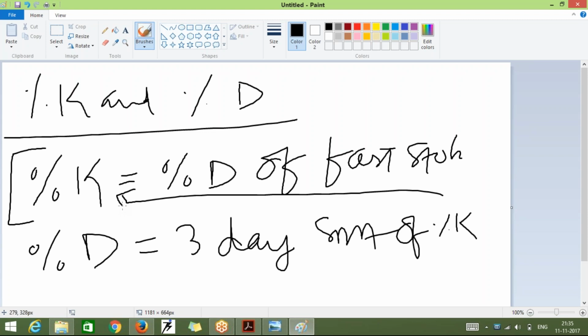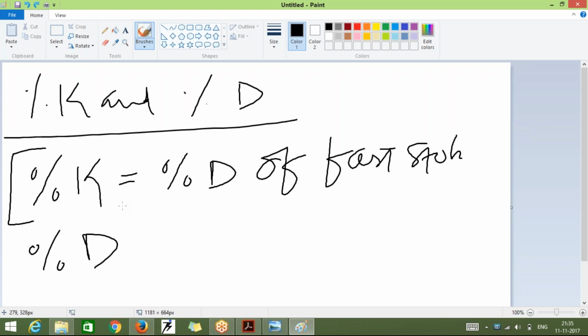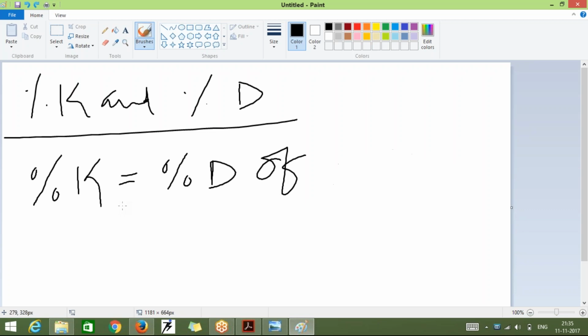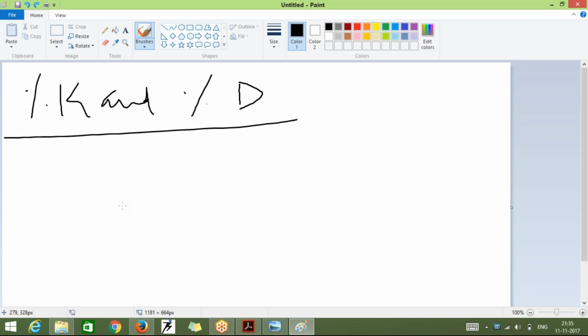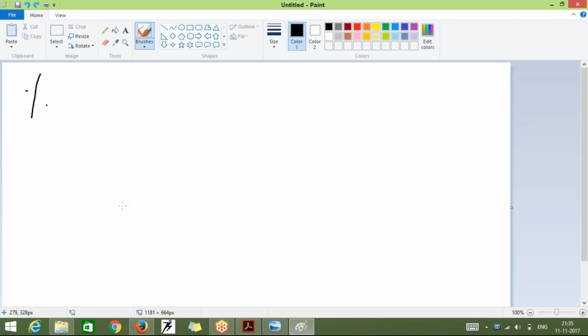But again the same thing, this may or may not work for everyone or for every trade. So it depends on how you are going to trade. Again, we cannot trade based on a single indicator.